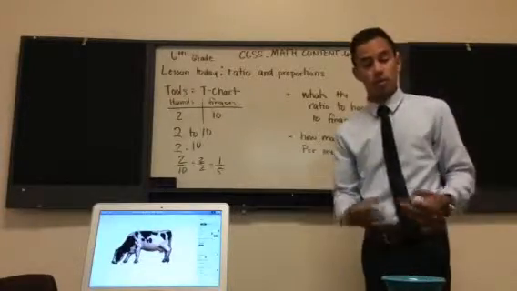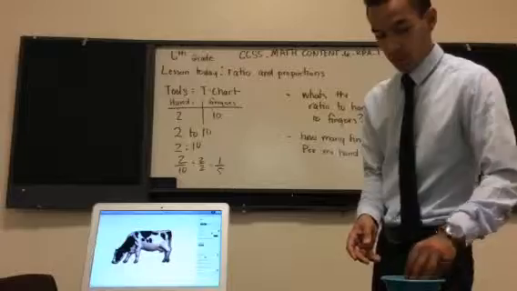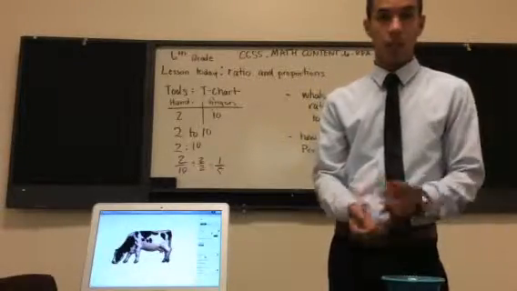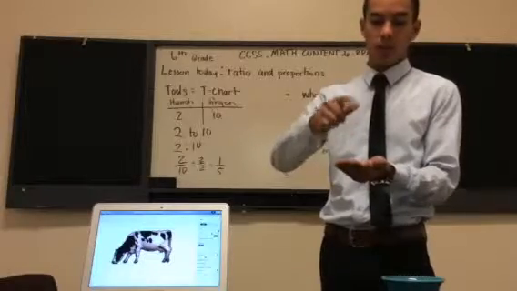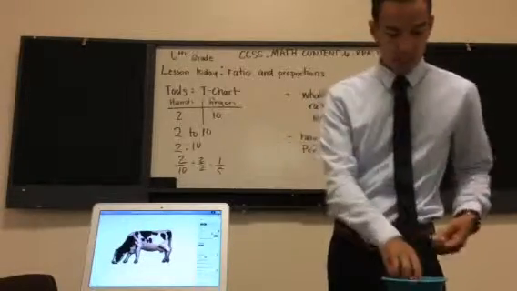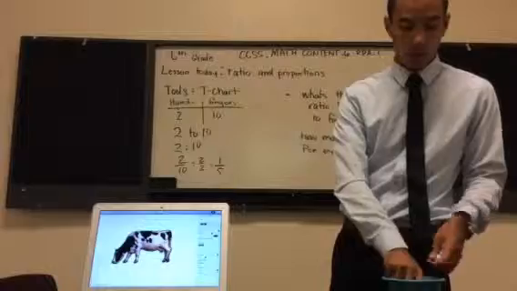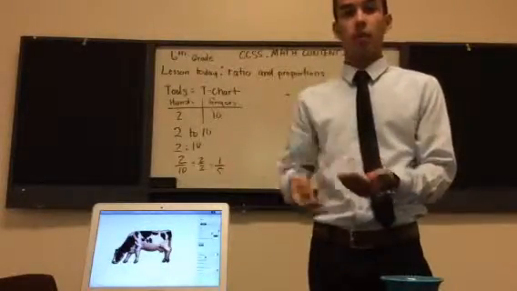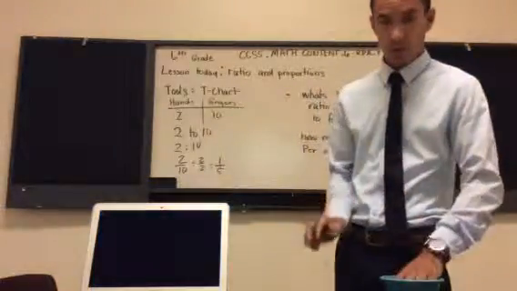There'll be different counts, but in this particular one there are 6 white marbles: 1, 2, 3, 4, 5, 6, and then there are 4 dark marbles: 1, 2, 3, 4.